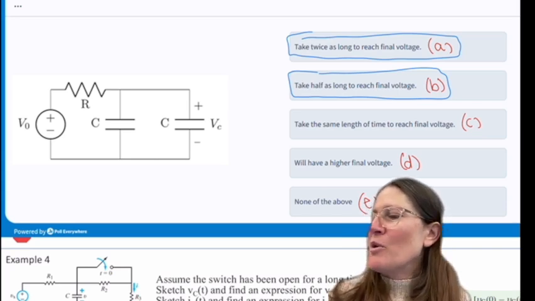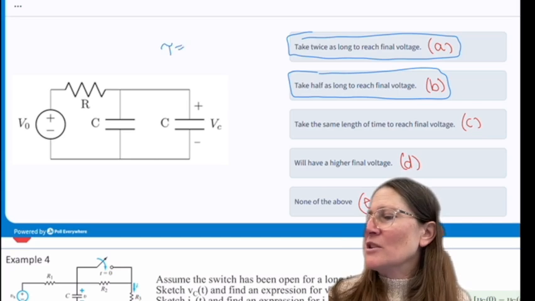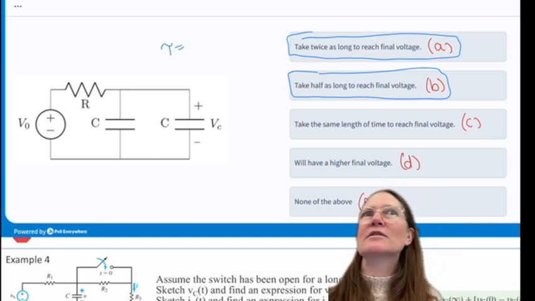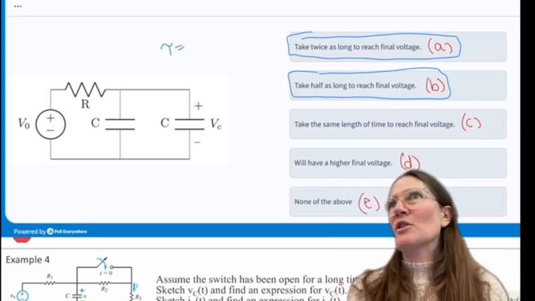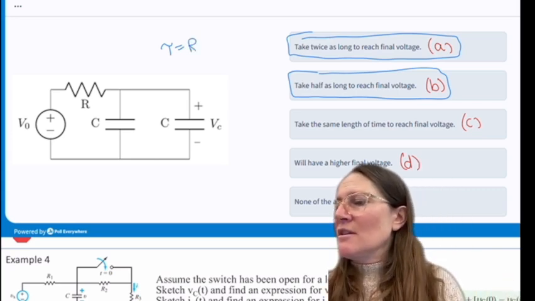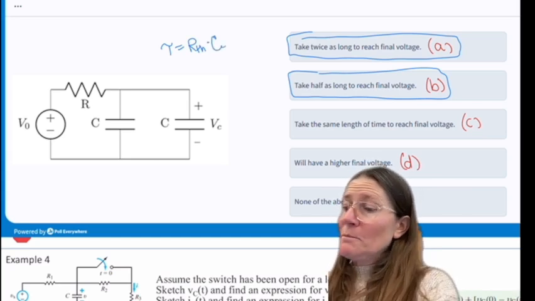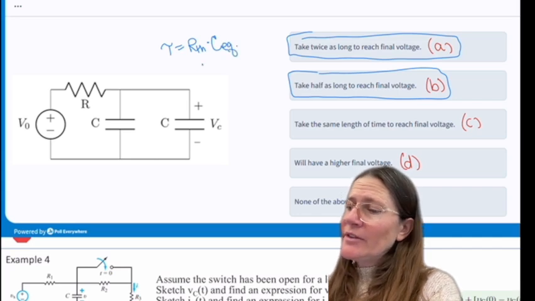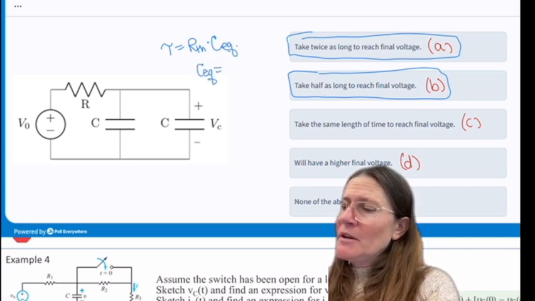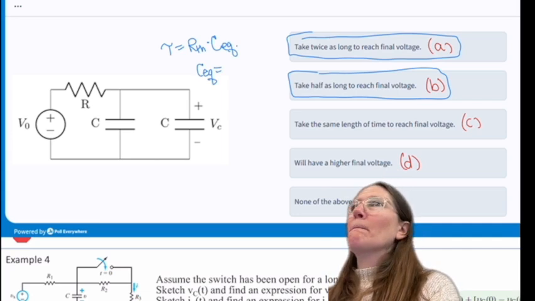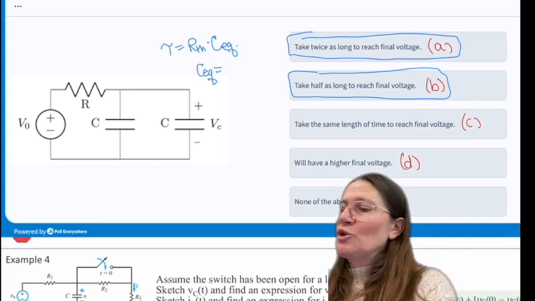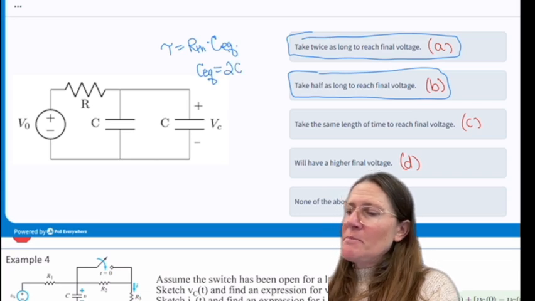Okay, so time constant is what is going to determine how long it takes. For a capacitor, what is the time constant? RTH times C equivalent. And in this case, the equivalent is going to be what? 2C, correct, because you add them.